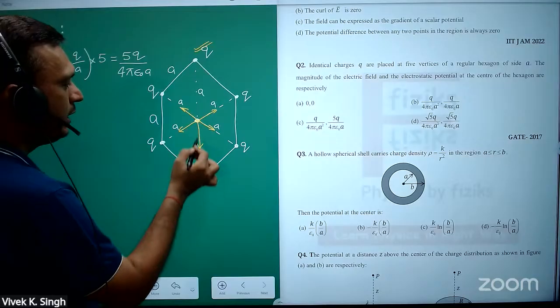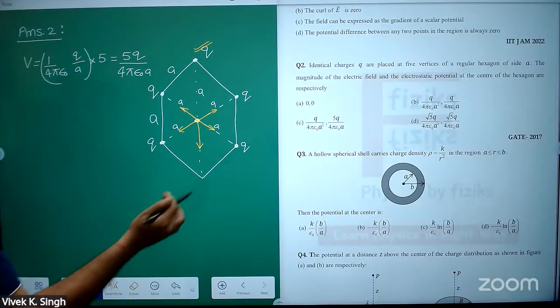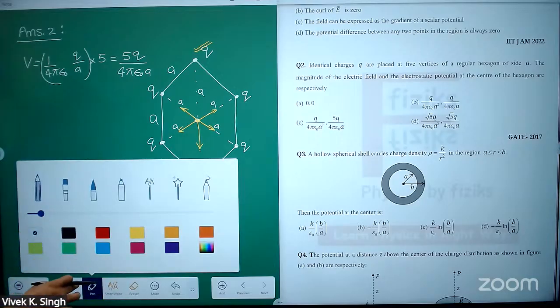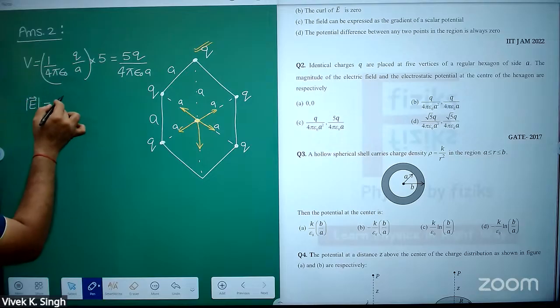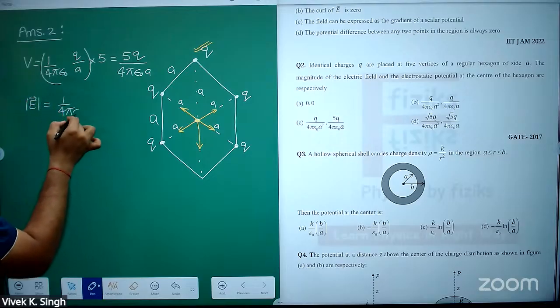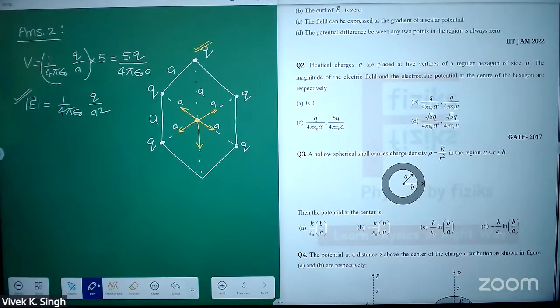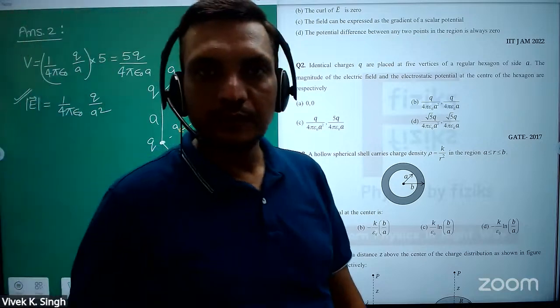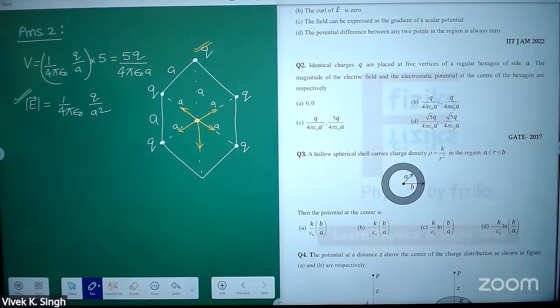So at this point, the electric field is given by a single charge. The direction is not given, but you know the direction also. The magnitude of the electric field is 1 by 4 pi epsilon naught Q by A square. You can easily see what the electric field and potential will be. Now let's see the next question.